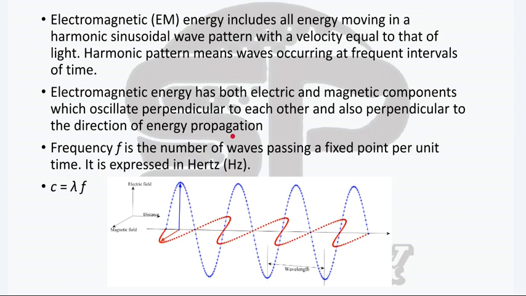Then this object reflects, absorbs, transmits, and scatters. These four processes occur, and we'll read about them. But certain energy reaches our detector, which is our eye. Energy is coming from the sun. This is our object, and this is our eye. This will be reflected back, and here the inverted image will be created, and after that our brain will re-invert it.